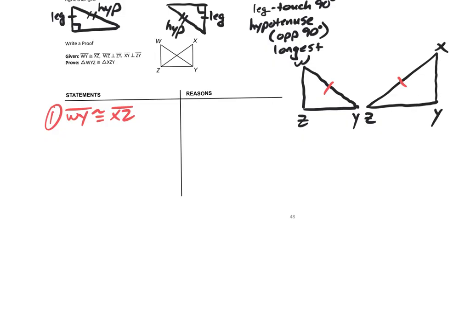Make sure you mark the correct sides. It also tells me that WZ, what's the upside down T mean? Perpendicular. WZ is perpendicular to ZY, and XY is perpendicular to ZY. That's my given information.